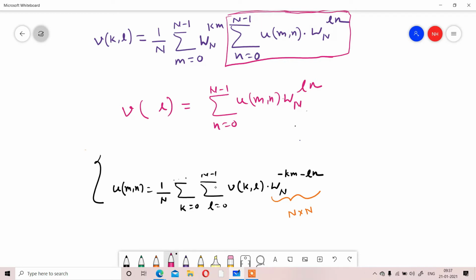But here you have a 2D image, not the 1D expression.